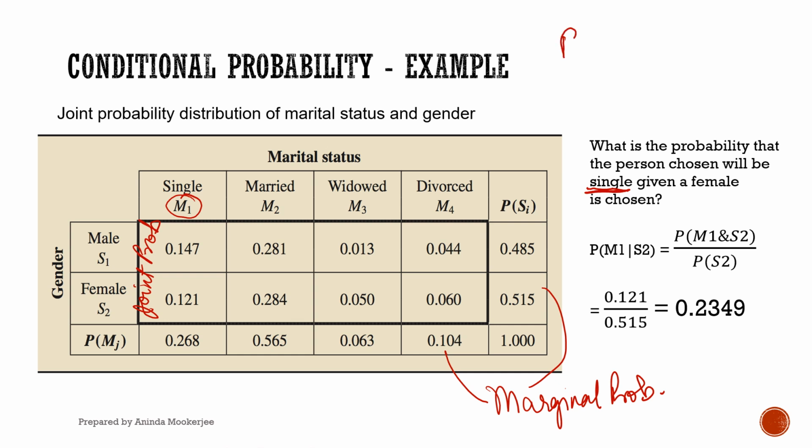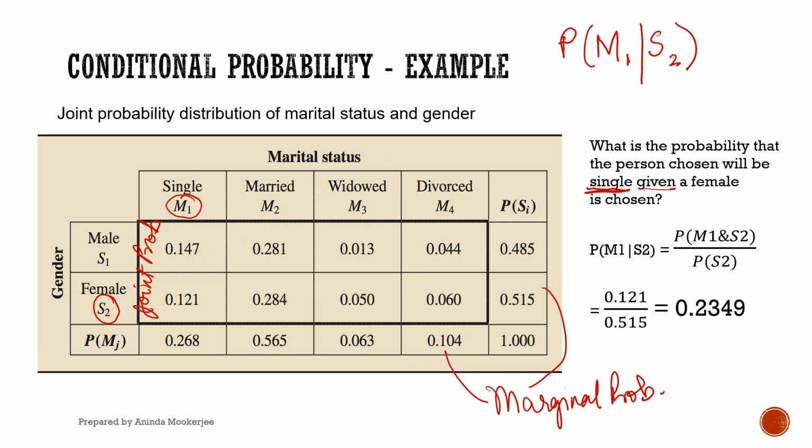So I'm going to write it as the probability of M1 occurring given, and given is indicated with a vertical line, given a female is chosen. What is the symbol for female? S sub 2. So that's what we have to find. Again, I just want to review the notation: the probability of M1 occurring, which is single, given a female is selected, S sub 2.